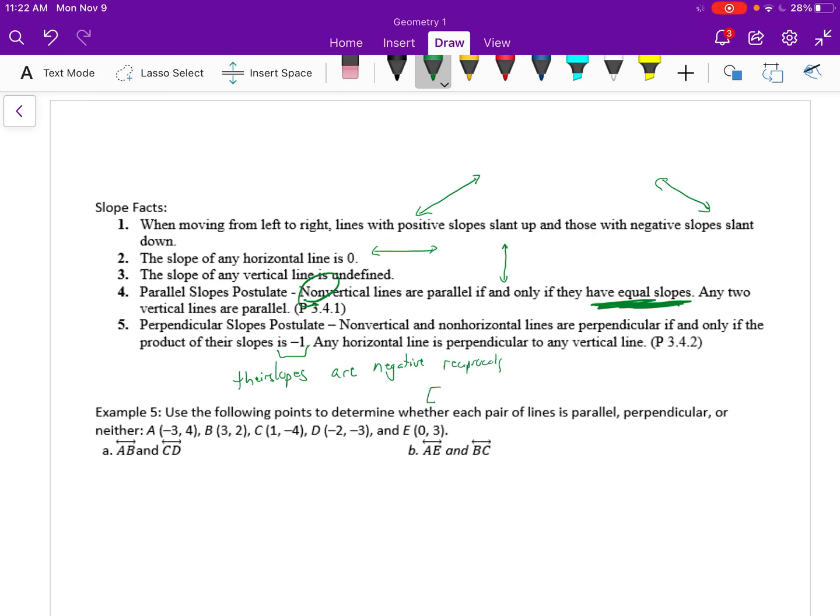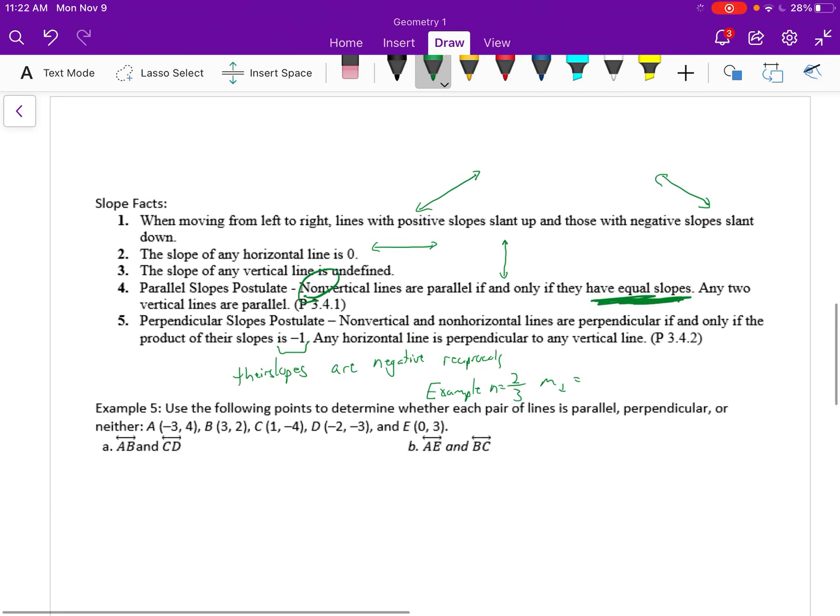So for example, if one line has a slope of 2/3, the slope of a perpendicular line would be the opposite or negative reciprocal. So you change the sign. Our first one over here was positive 2/3. We want it to be negative, and then we flip it: negative 3 halves.